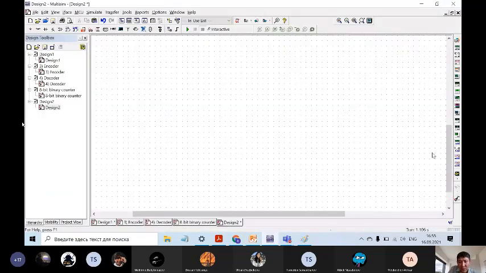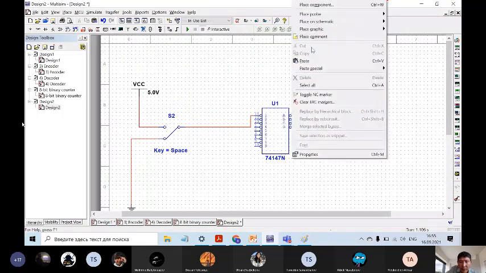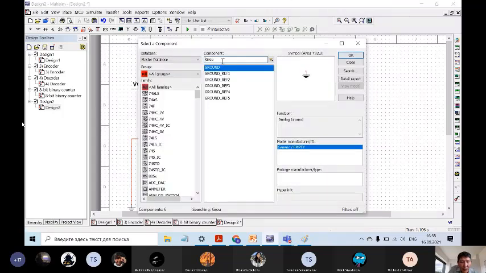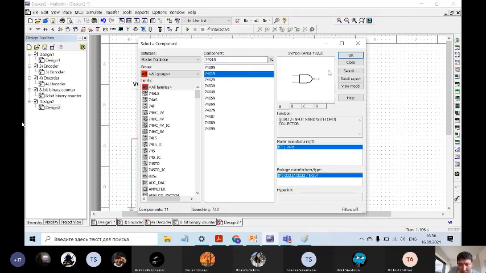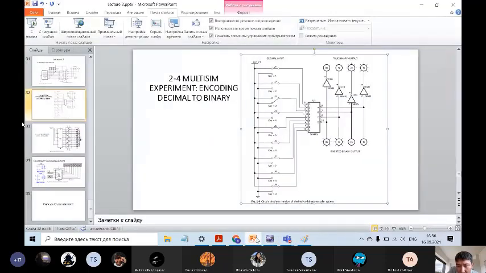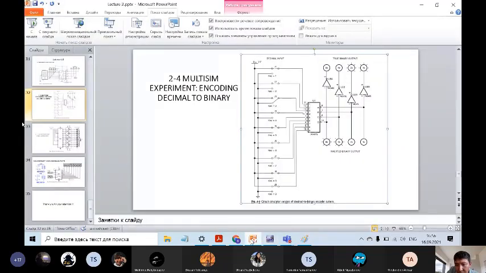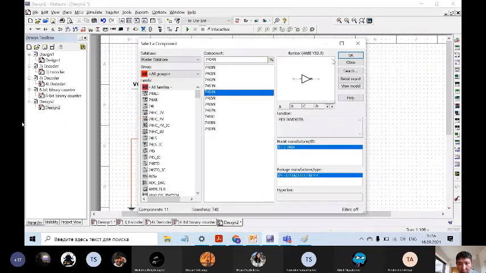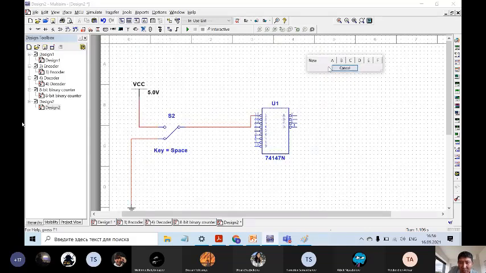So for the inverter, 7404N, you need to add this one. Yes, 7404. Actually, in the next lesson we will study the logic elements and what this triangle actually means.